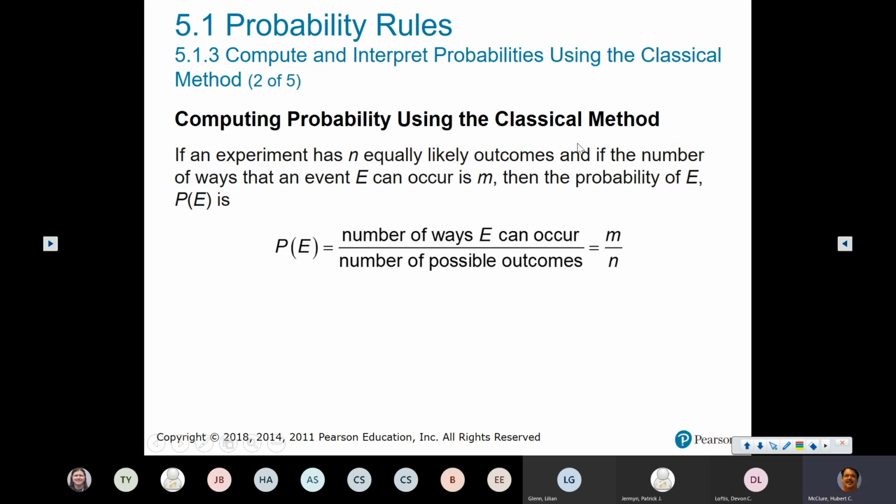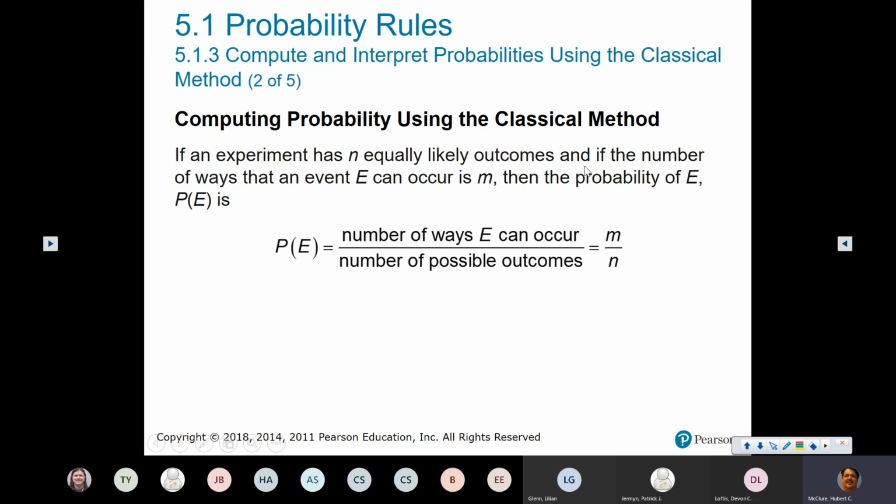Notice you don't see a word that says observe. It's not observed because you don't have a die in front of you, a deck of cards in front of you, or a coin to flip. You're basing it off the mathematics that goes with the object.